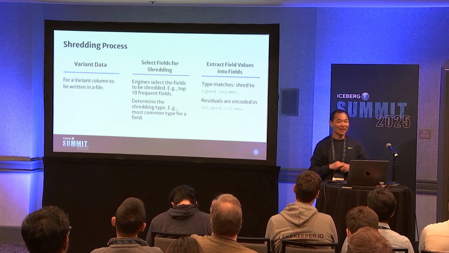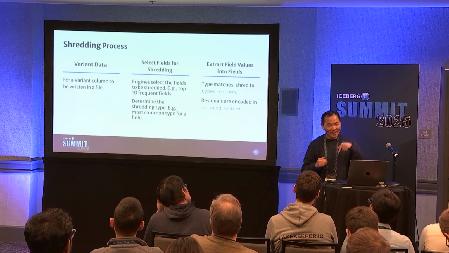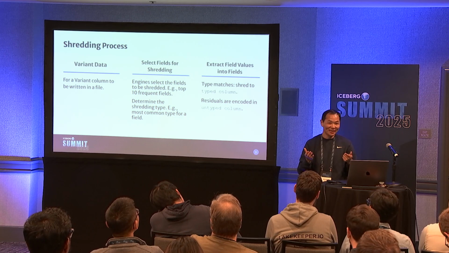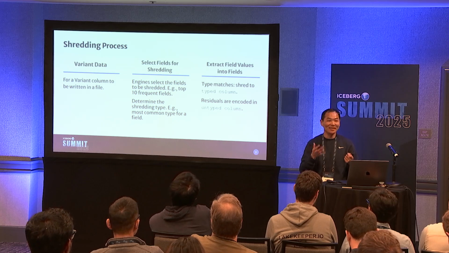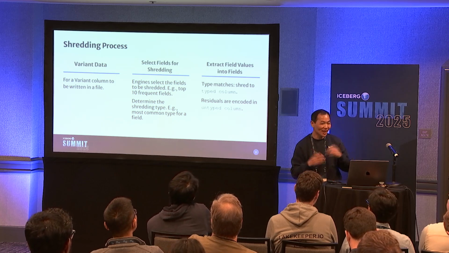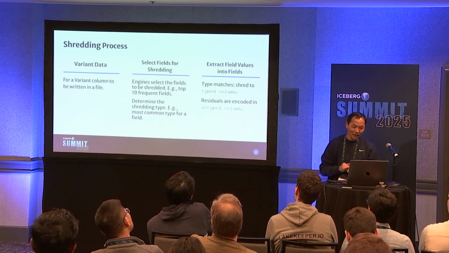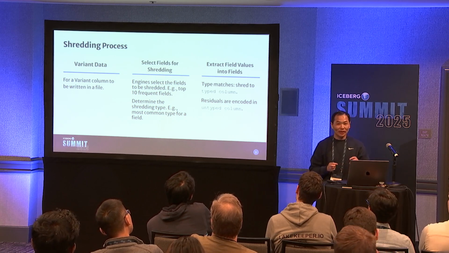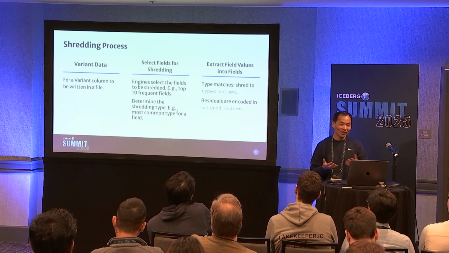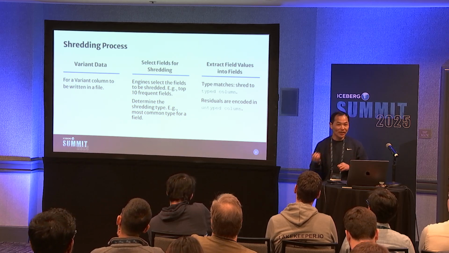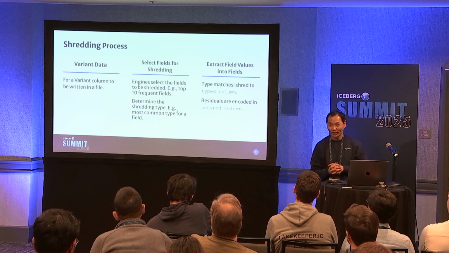But the problem is that during write time, you don't know which fields will be frequently accessed, right? So that's a challenge. The spec actually doesn't call out how you shred. That's up to the engine to implement.